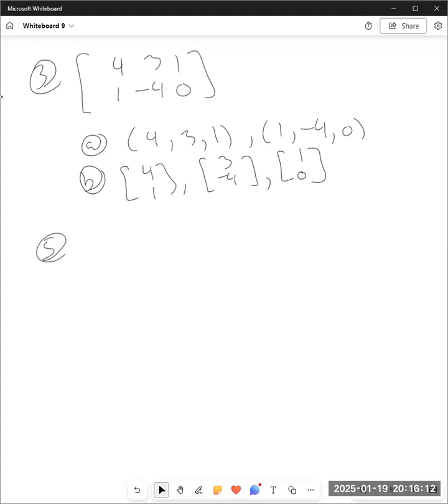So when we have 5 is 1, 0, 0, 2. Since that's a square matrix, we can RREF that to turn it into 1, 0, 0, 1.